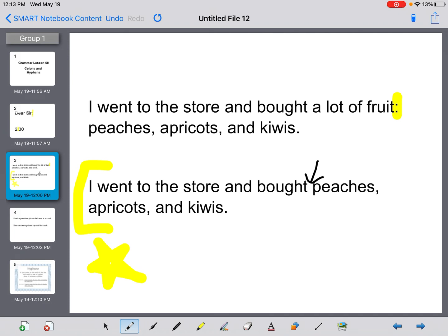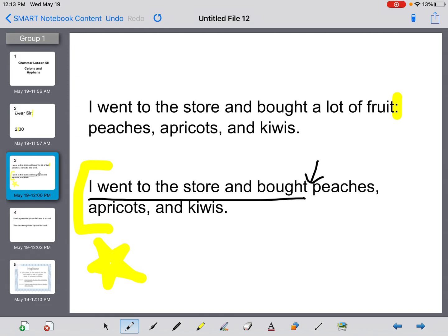And the reason that there is no colon between bought and peaches is because the first part of this sentence is not an independent clause, right? We've been talking about independent and dependent clauses in grammar. It's not a full sentence that could stand on its own. If I just said, "I went to the store and bought," you would be waiting for some more information. Well, Miss Nyhoff, what did you buy at the store, right?